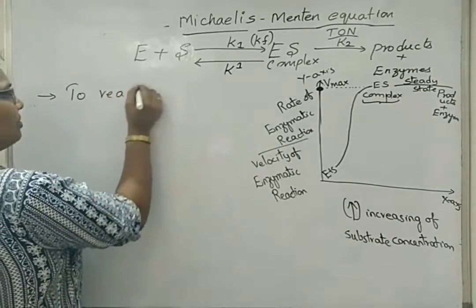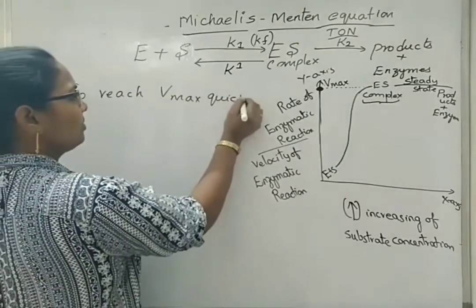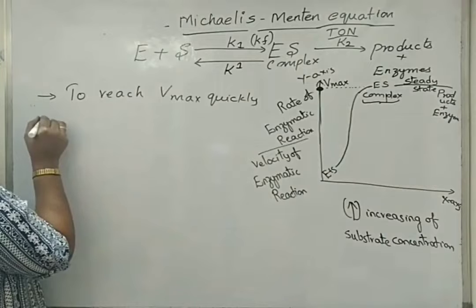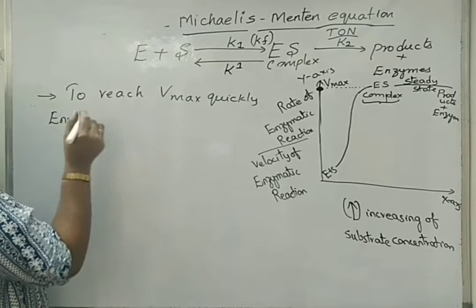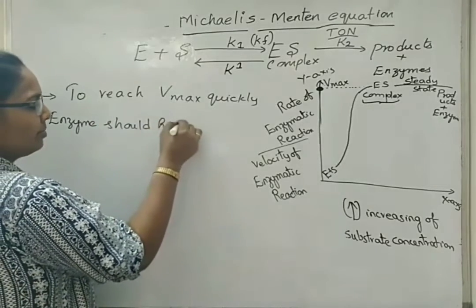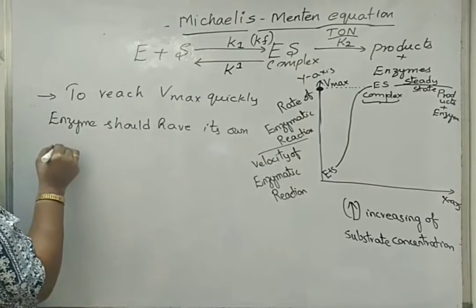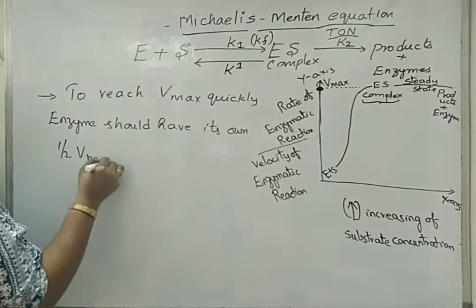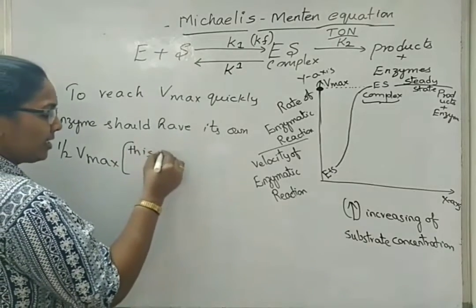To reach Vmax quickly, an enzyme should have its own half Vmax, but this value should be very less.